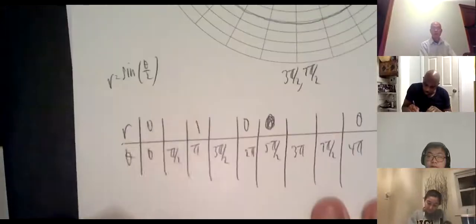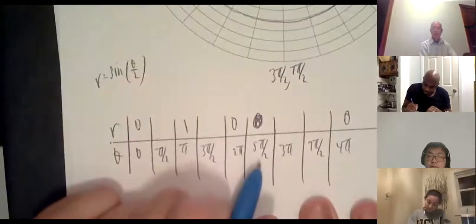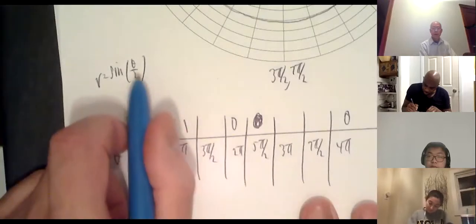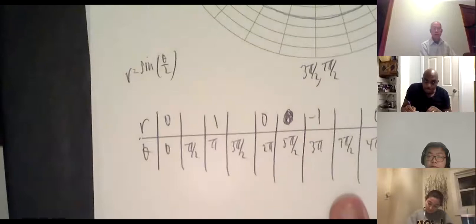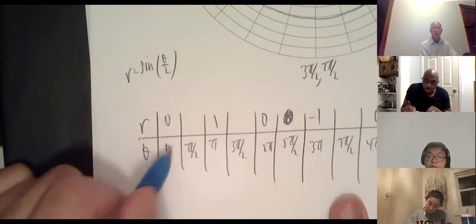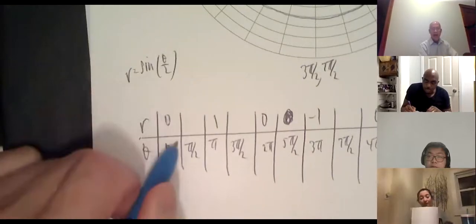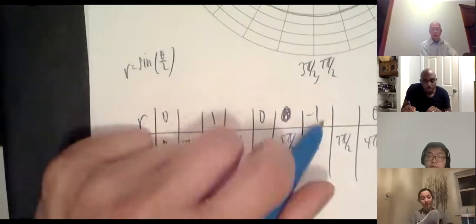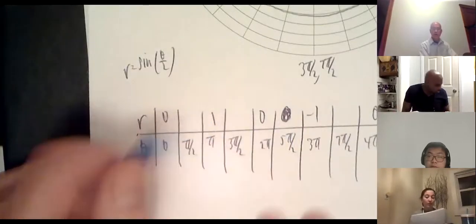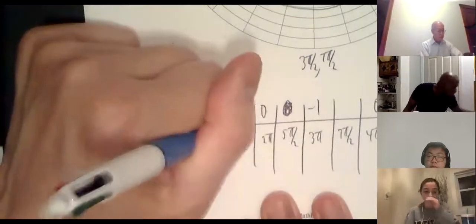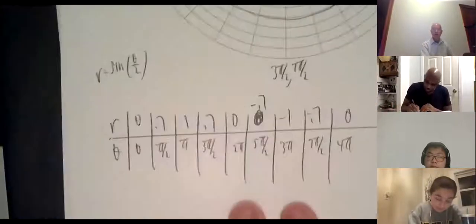That should be 0. 3 pi, sine of 3 pi over 2, negative 1. Half of pi over 2 is pi over 4. These are going to be radical 2 over 2, 0.7 or negative 0.7. So that looks like 0.7, 0.7, negative 0.7, negative 0.7.